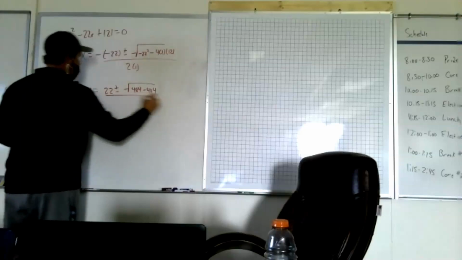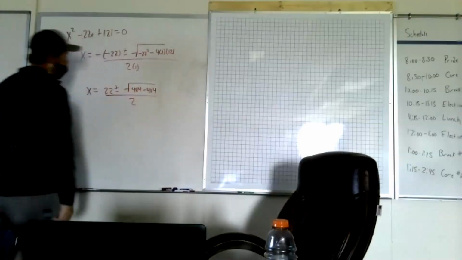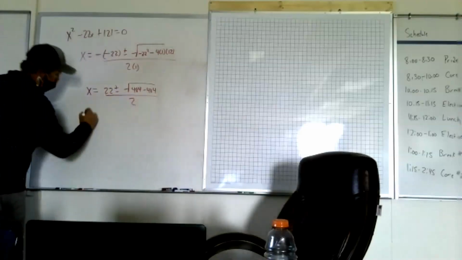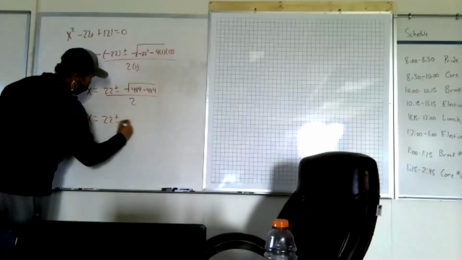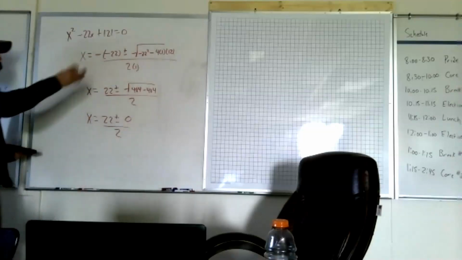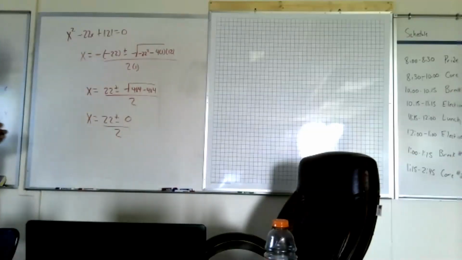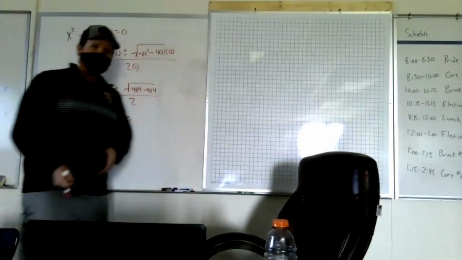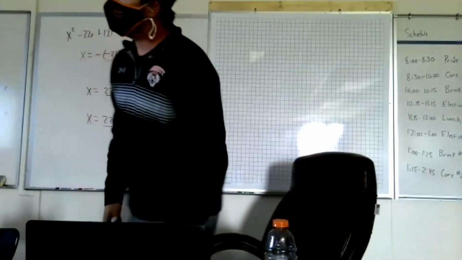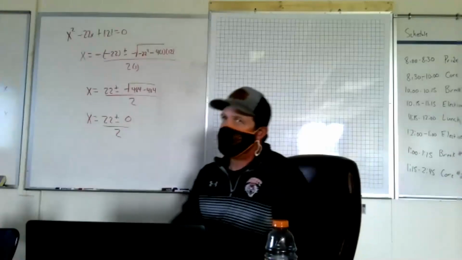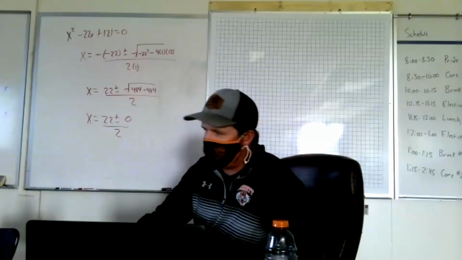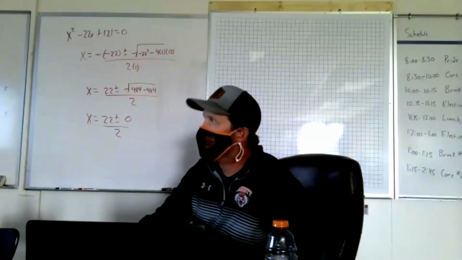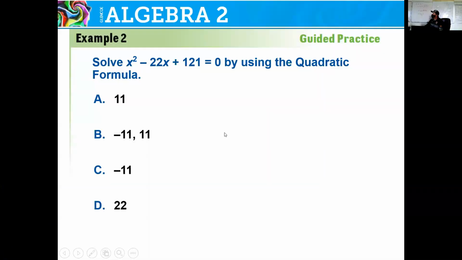So you can see that's going to equal out to 0 all over 2. Okay, so x is equal to 22 plus or minus 0 divided by 2. 22 plus 0 divided by 2 is 11. 22 minus 0 divided by 2 is also 11. So the answer in this case is going to be letter A, or 11.